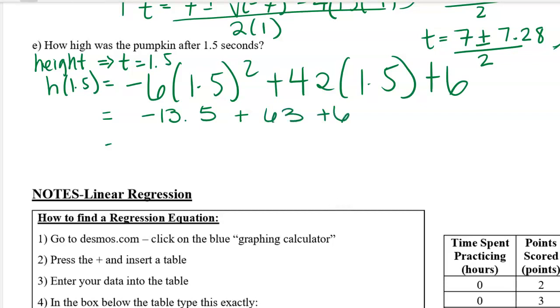Everyone punch all of those in. Give me a final answer with the correct unit of measurement, please. Double check your friends first before we write it in, okay?